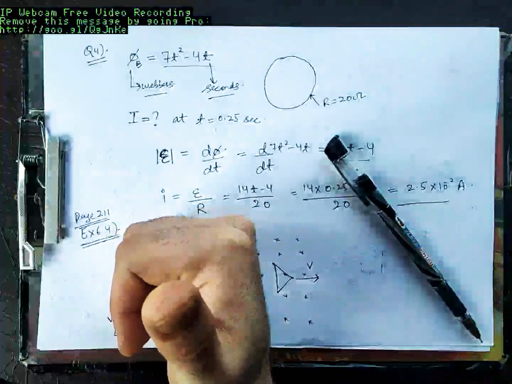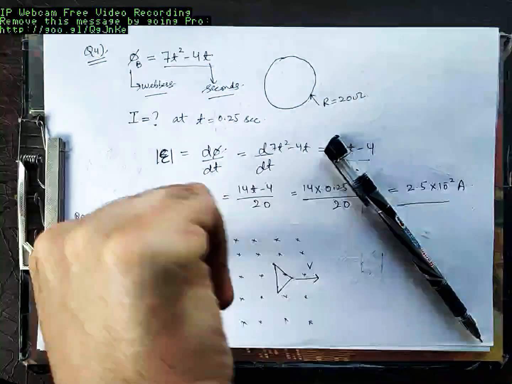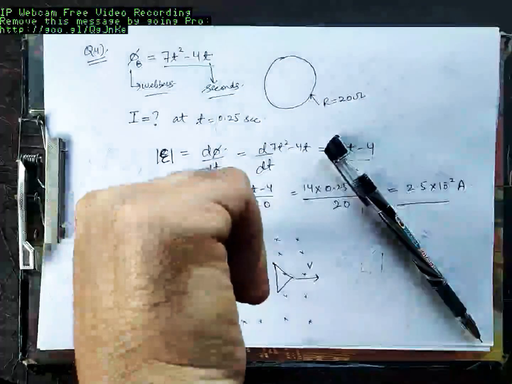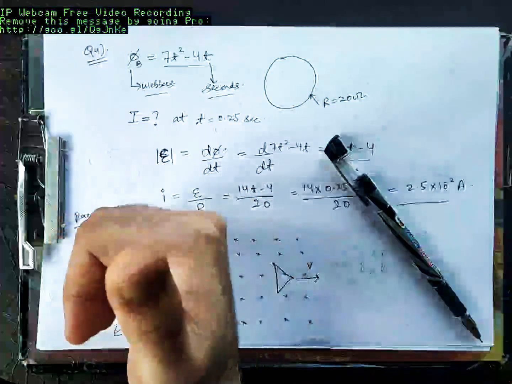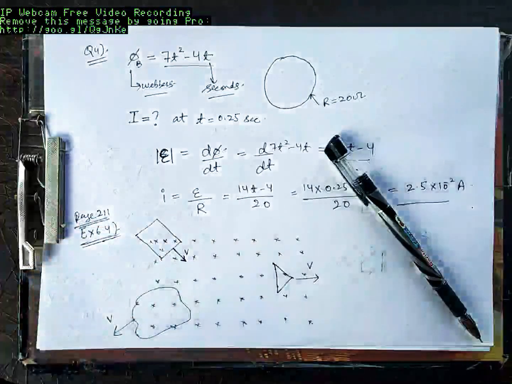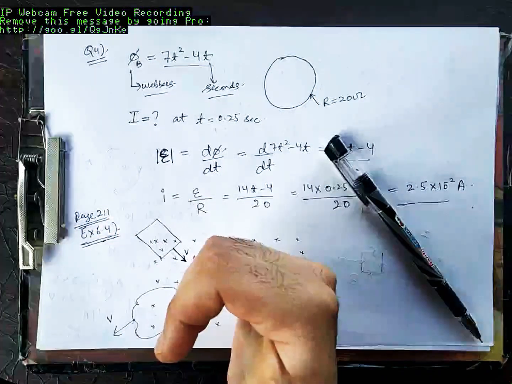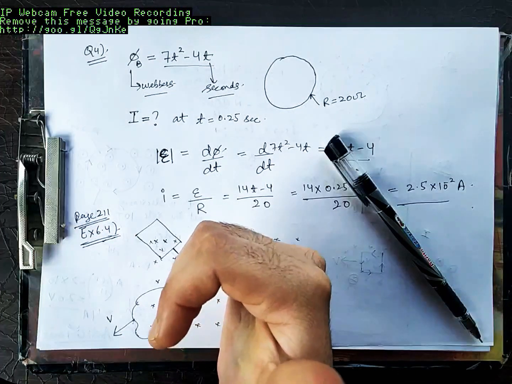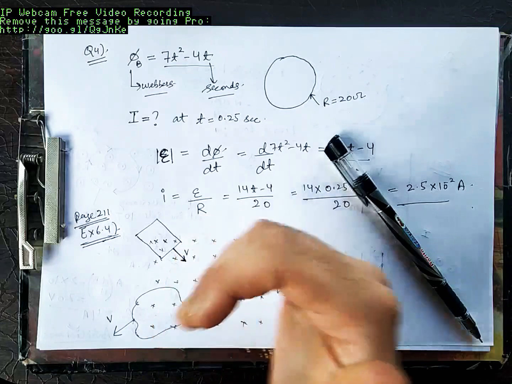That way, it is decreasing the increase in flux. This is the direction of magnetic flux. Curl of my finger gives you direction of current. So this is anti-clockwise.